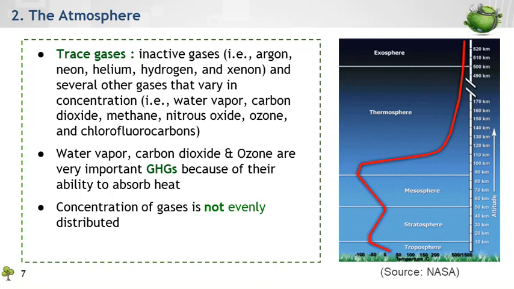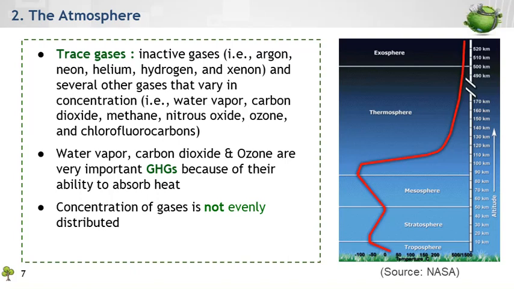The other important aspect of the Earth's atmosphere is that the amount of gases is not evenly distributed throughout the atmospheric layers. So the temperature and other characteristics also vary from layer to layer. For example, as you can see in this figure, in the troposphere, the temperature decreases gradually as we move upward.